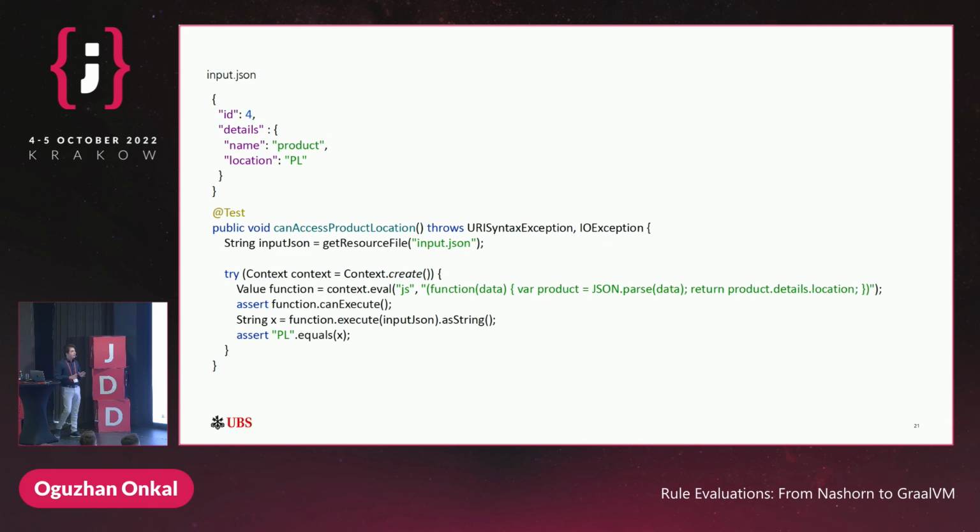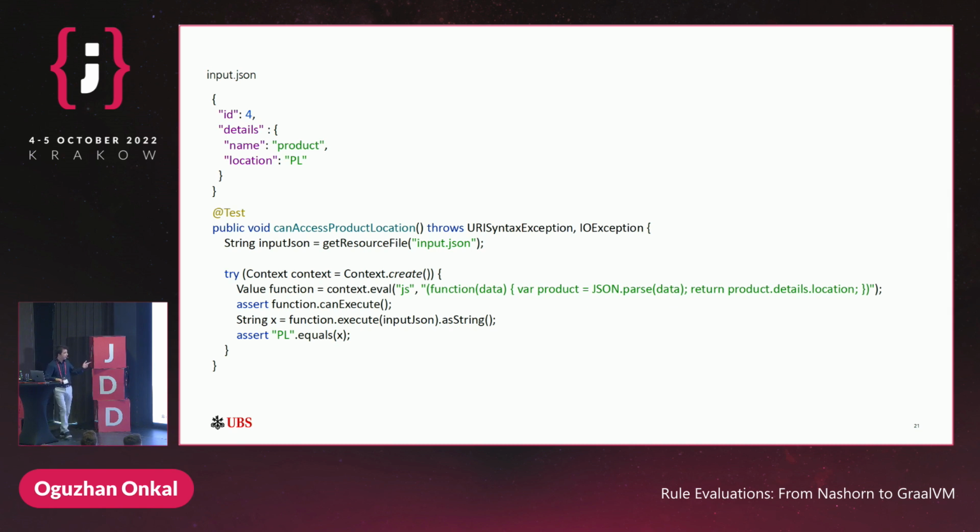Now we will look at something a little bit more useful. This time we have something called input.json. This JSON has one ID element, right? And then details of the product. Let's call it product JSON. And the product has a name and the location. What we will try to do now is write a rule and execute it using GraalVM JS.